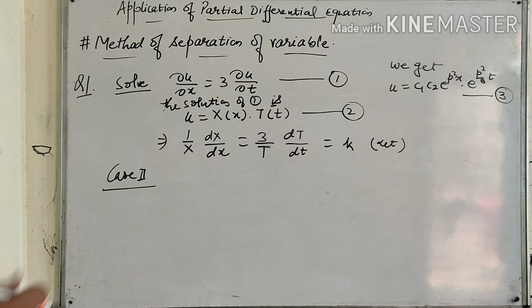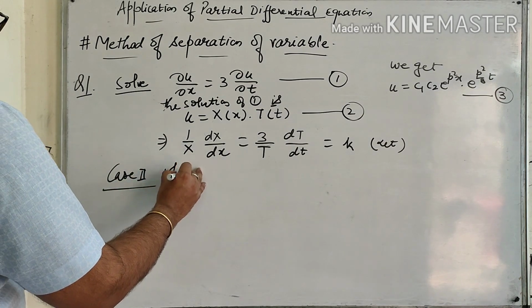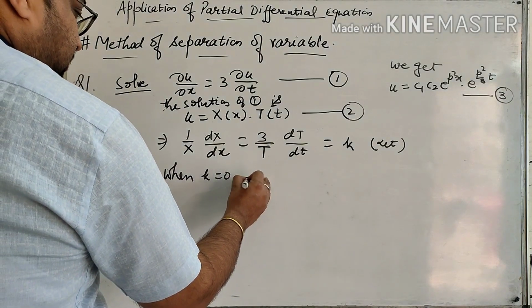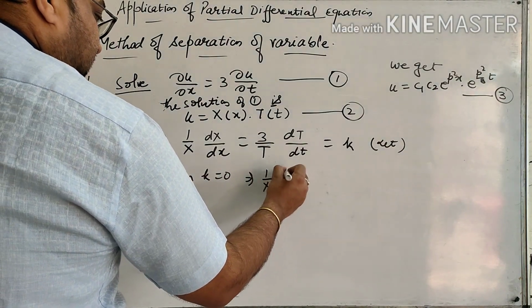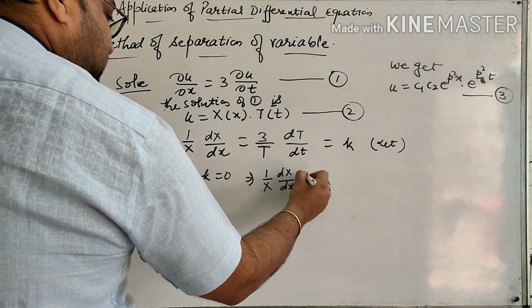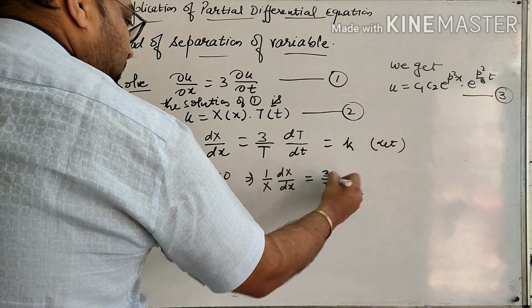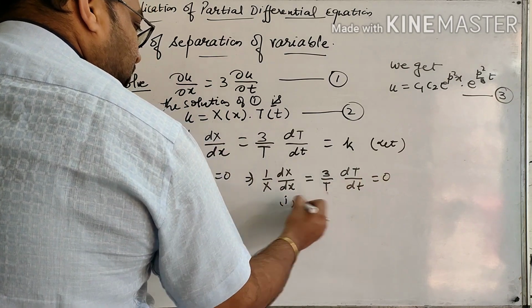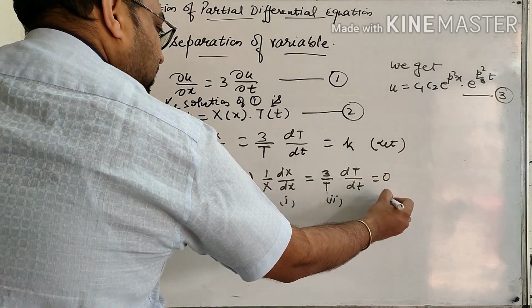In case number 2, when k equals 0, then (1/X) dX/dx equals (3/T) dT/dt equals 0. First, second and third.